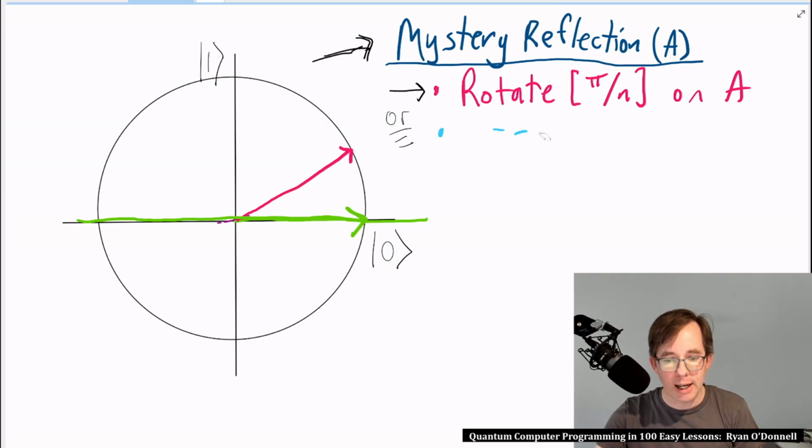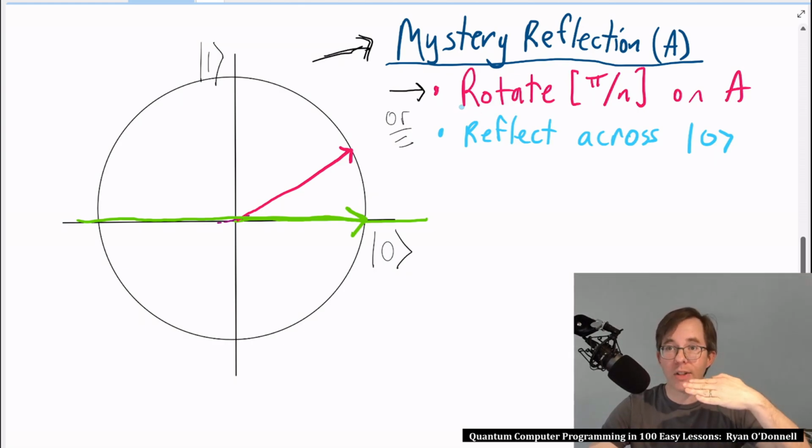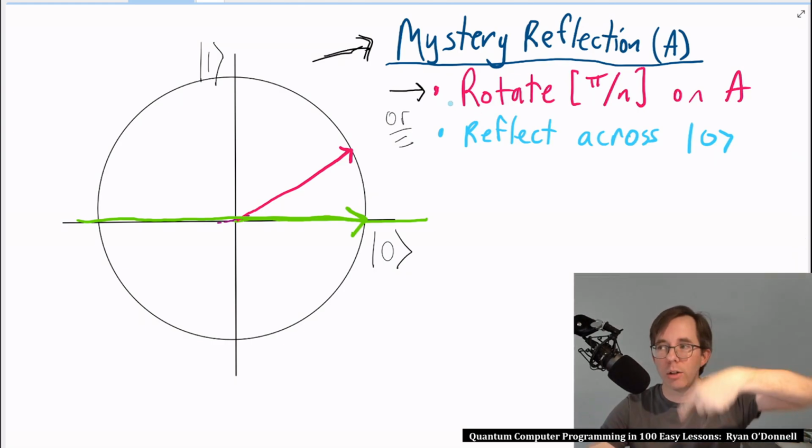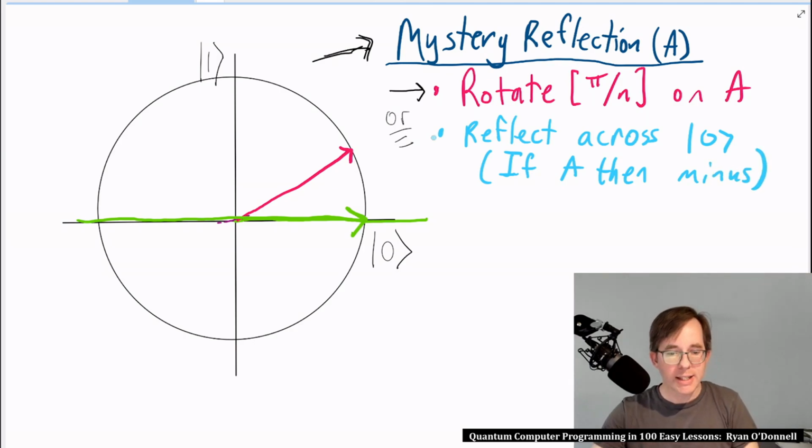So let's say one possibility is that this is reflect across the green line or across ket 0. And actually, we have a name for this operation. This operation leaves ket 0 by itself, but it changes ket 1 to negative ket 1. So it puts a minus sign on ket 1. So you could also call this if A, then minus. Okay, so that's the second reflection.